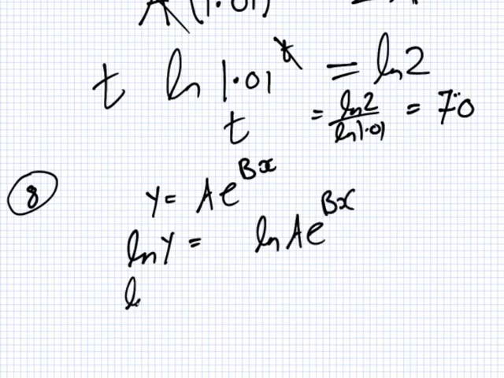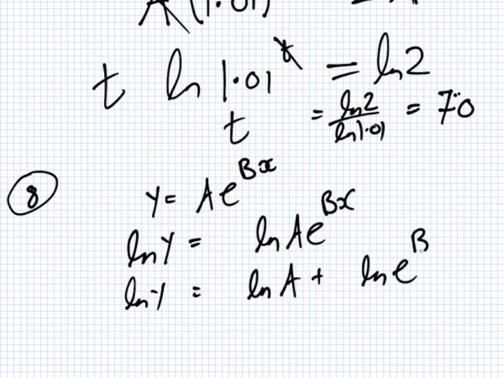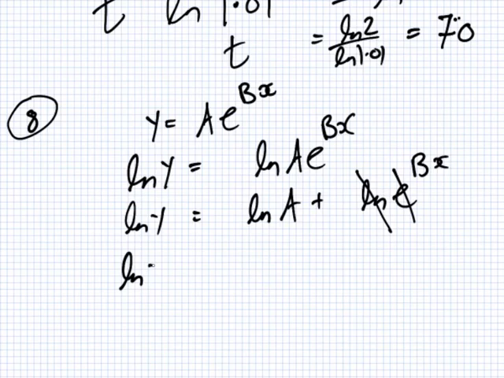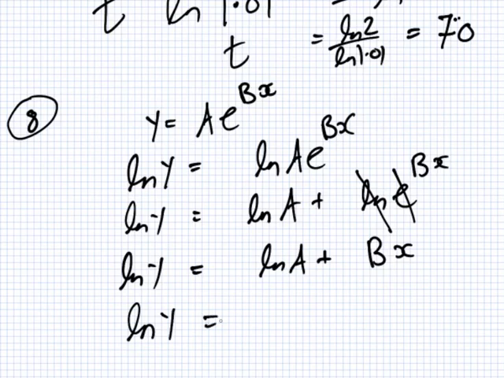So you get log y equals log A plus log e^(bx). But log and e cancel. So you get log y equals log A plus bx. So you get log y equals bx plus log A.